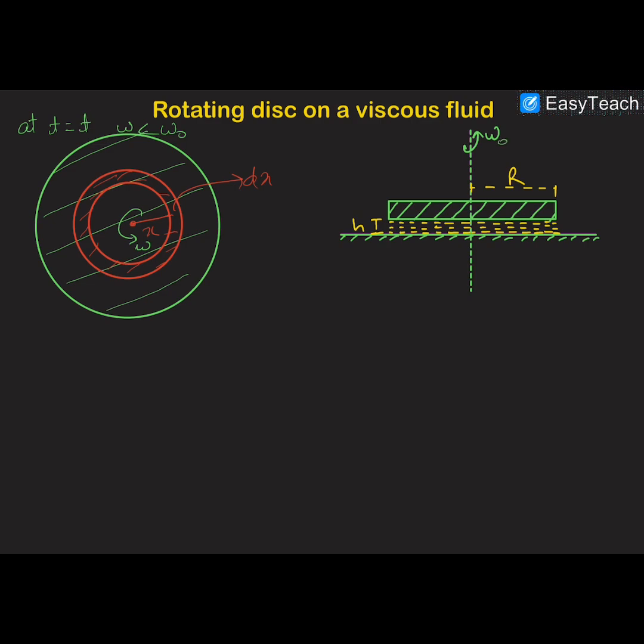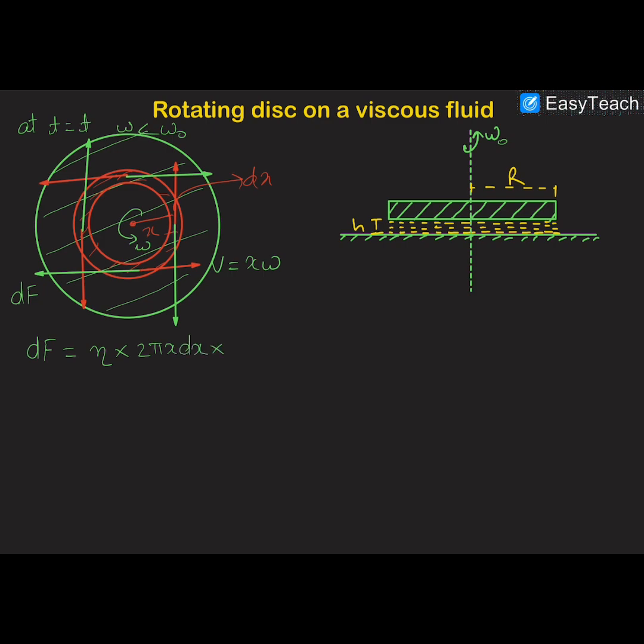Each part of this elemental ring will have a velocity v equal to x omega, and therefore a viscous force will act in the reverse direction on each element. This viscous force dF will be equal to eta into area, where the area of the elemental ring is 2 pi x dx, into the velocity gradient.